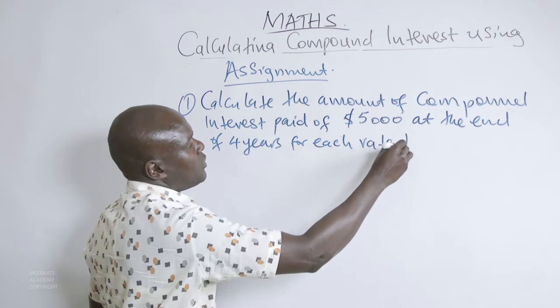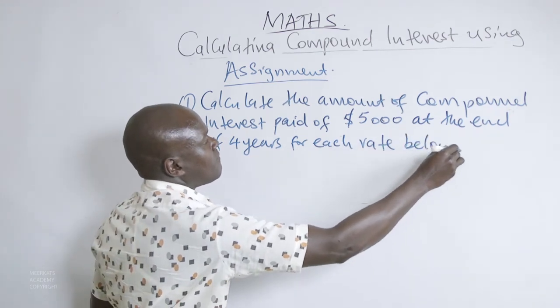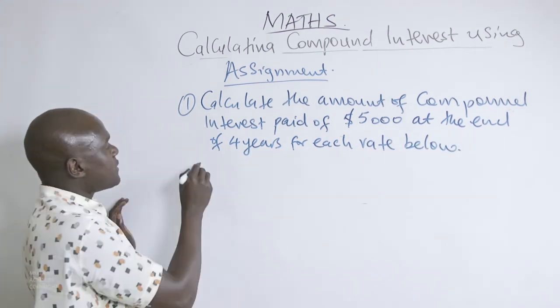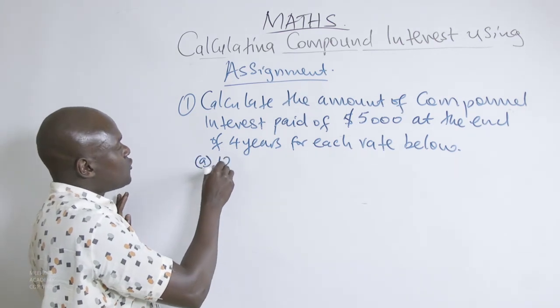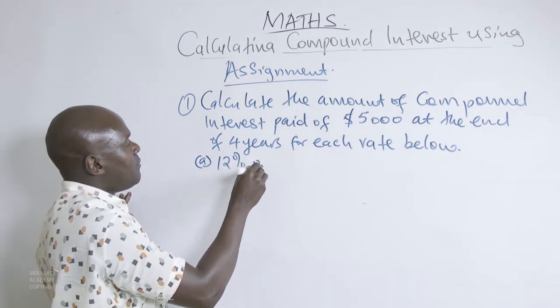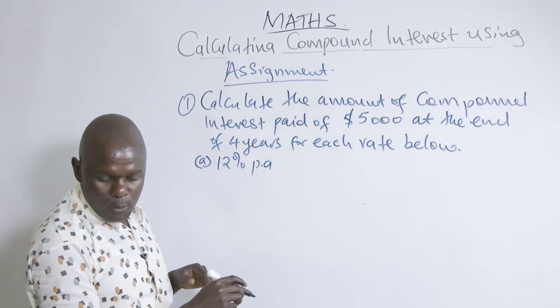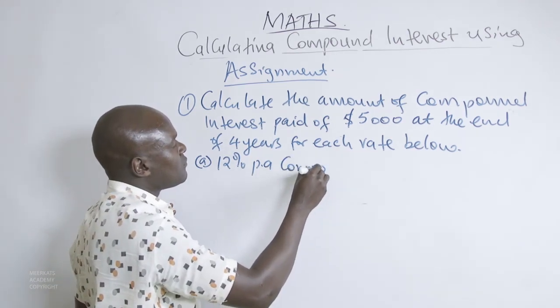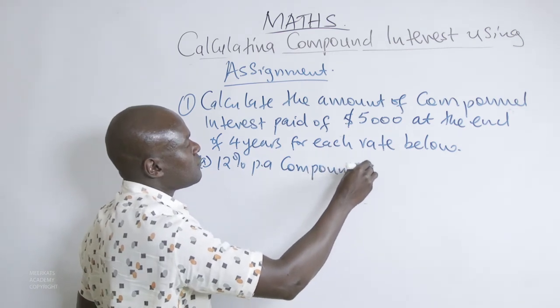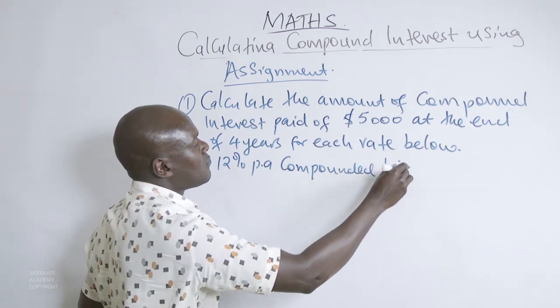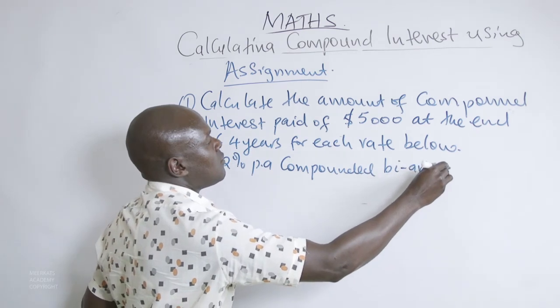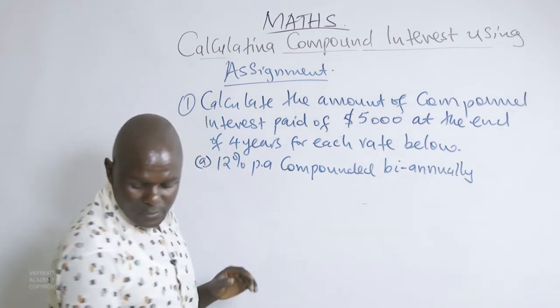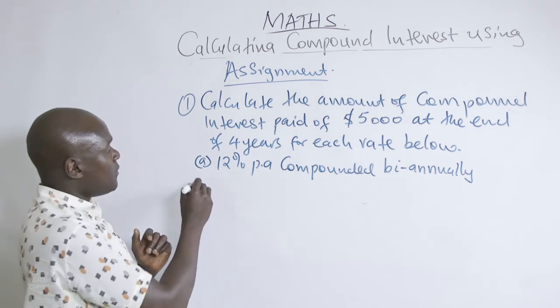Our first rate A is 12% per year, compounded biannually. That is twice a year.